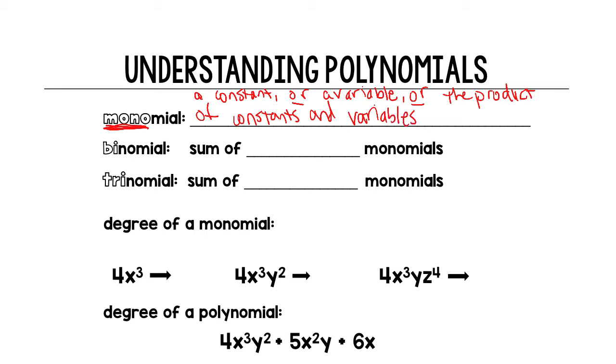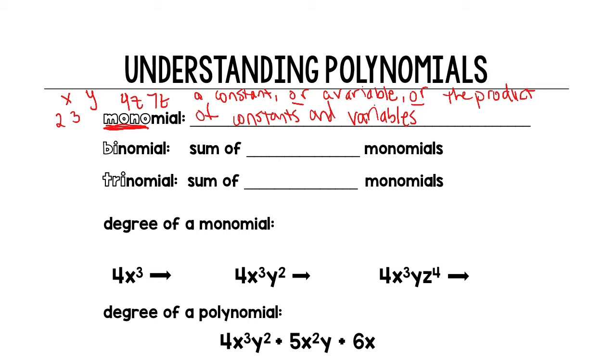So what that means is a monomial is a letter like X or Y, or a number like 2 or 3, or numbers and letters multiplied together, 4Z, 7T, things like that.